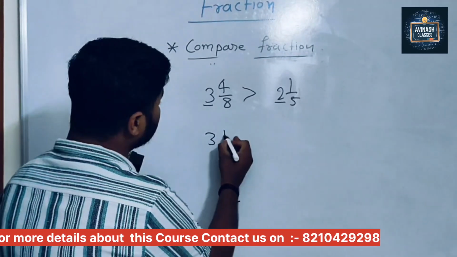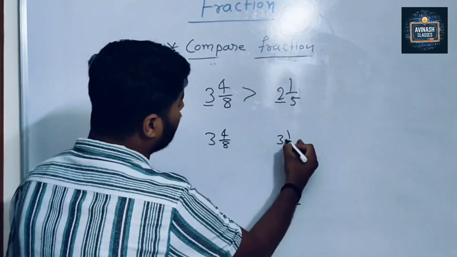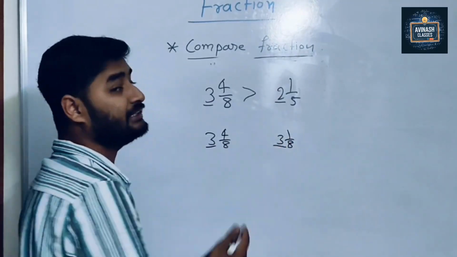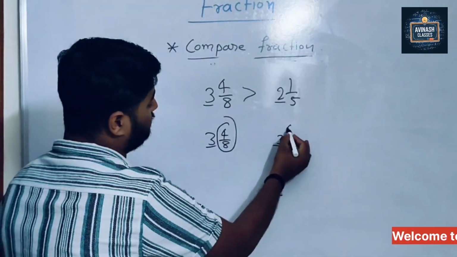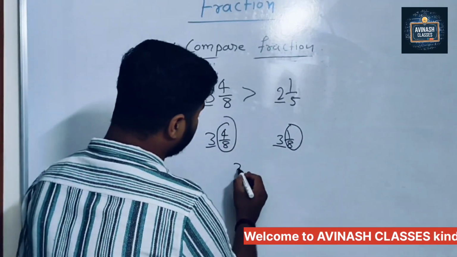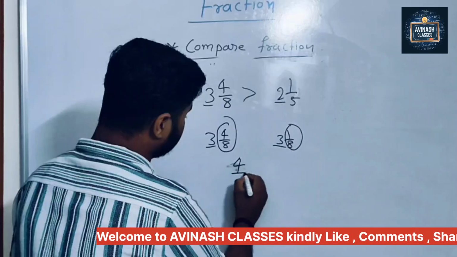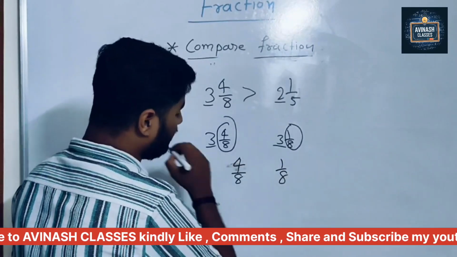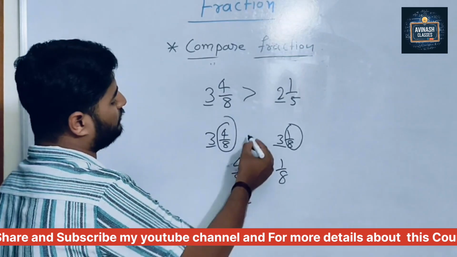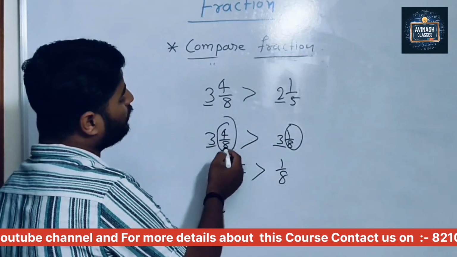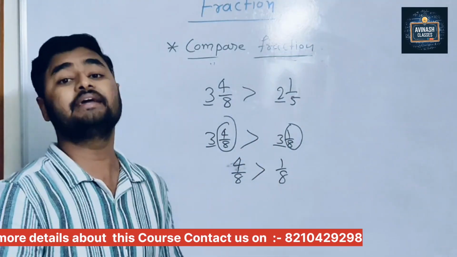We write here 3 4 by 8 and 3 1 by 8. Now both are 3, 3. Then how can we compare? We compare only this one. So we write here 4 by 8 and 1 by 8. Now you can check, this is like fraction, obviously 4 is greater. So 3 4 by 8 is greater than 3 1 by 8.